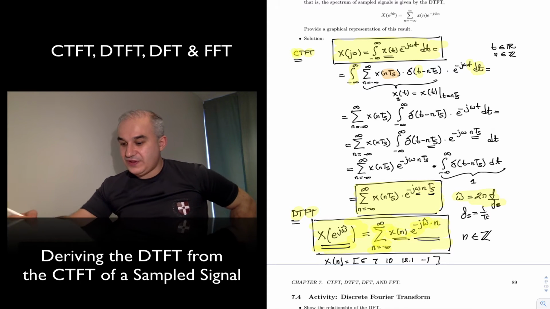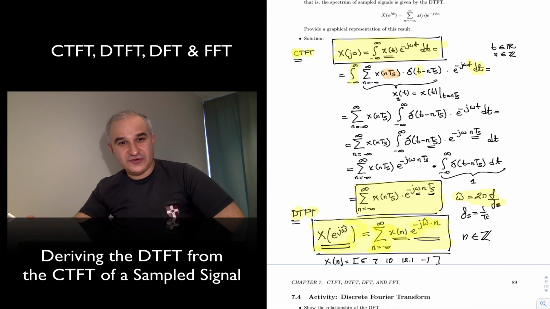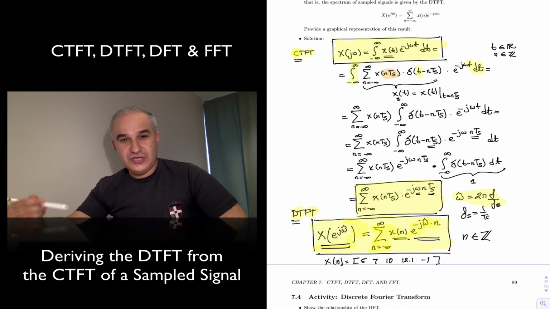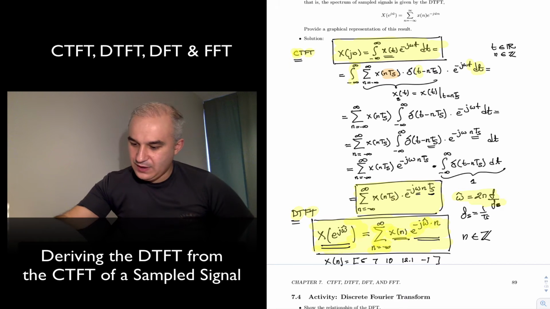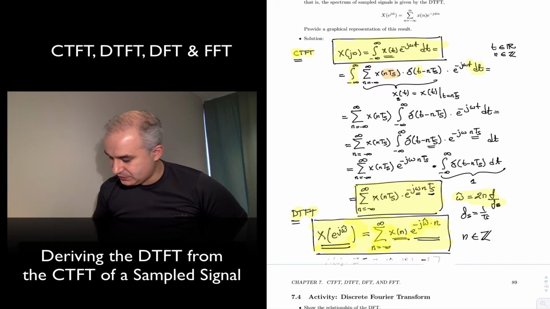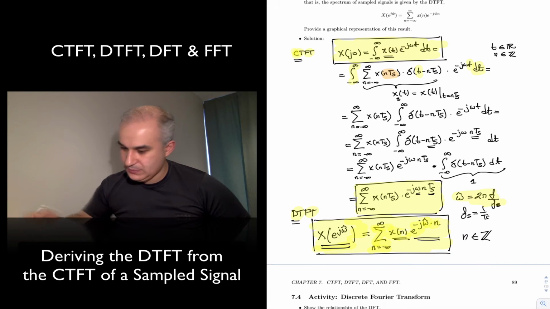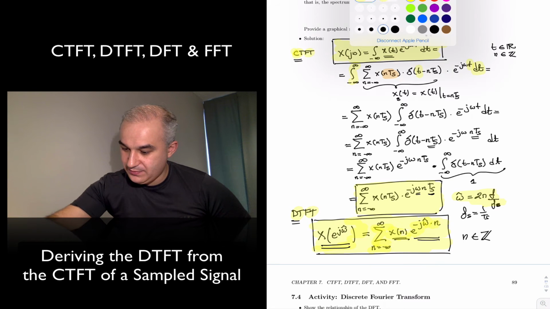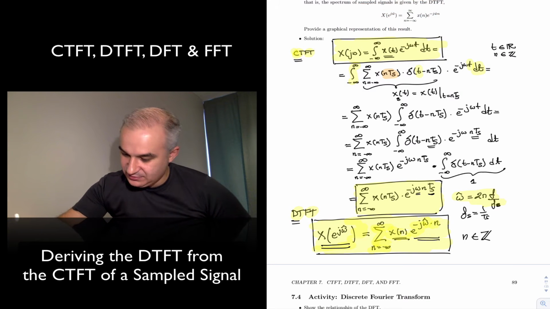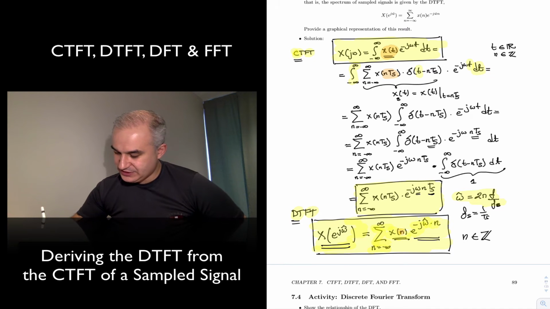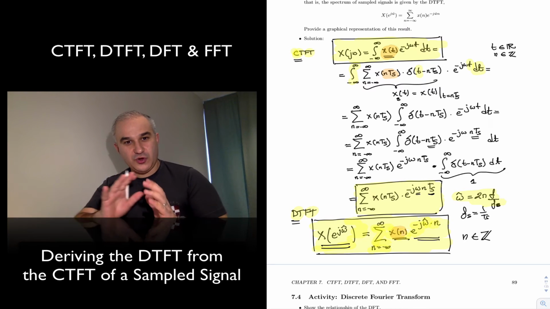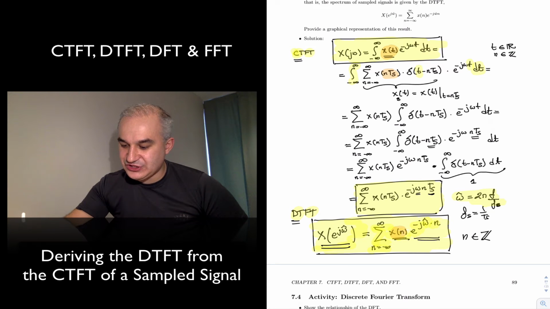Okay? Notice that we derive the discrete time Fourier transform using the continuous time Fourier transform for a sample signal. Now, look at the similarities also. In continuous time, so you have the signal, x of t, that's the continuous time signal. In discrete time, it's going to be x of n. You're going to multiply times e to the minus j omega t.